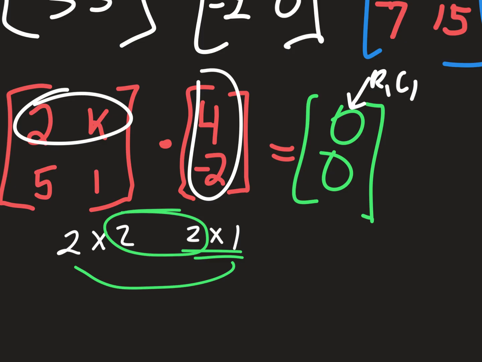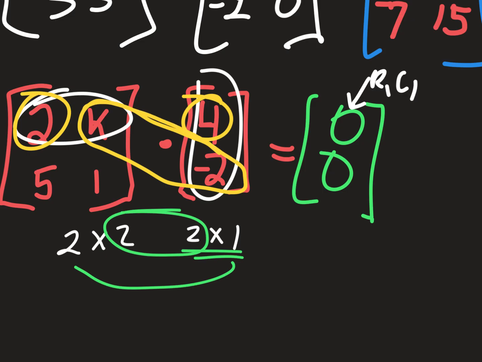To start this one, do you agree that we go 2 times 4? Okay, so you just maybe did more than that. So 8 is the beginning of my answer. And then what's this part? -2 times K. I would have said 8 minus 2k. Now, if you wanted to factor that, I suppose you could factor out a 2, but I don't think that's necessary.